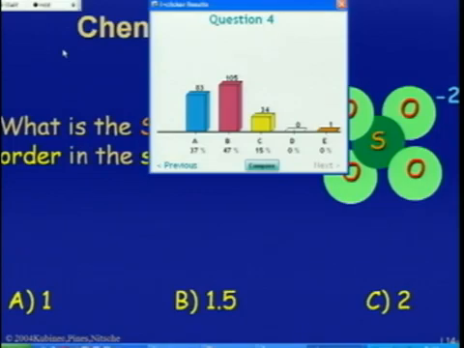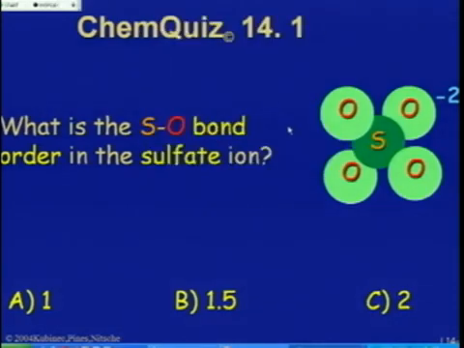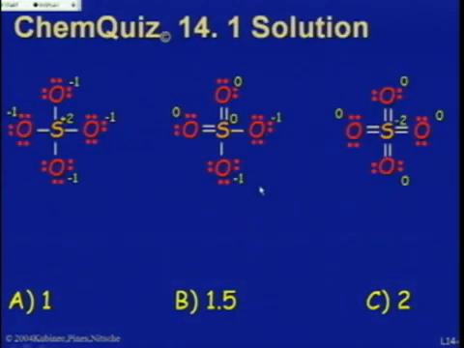Okay, you said 1.5, and I agree with you. But it's not this simple. So these are the structures. Let's start with the one on the left here. We have sulfur and oxygen. Sulfur has 6 and oxygen has 6. So 4 times 6 is 24 plus 6 is 30, and we have 2 minus.